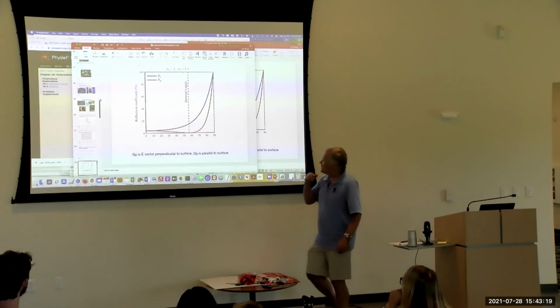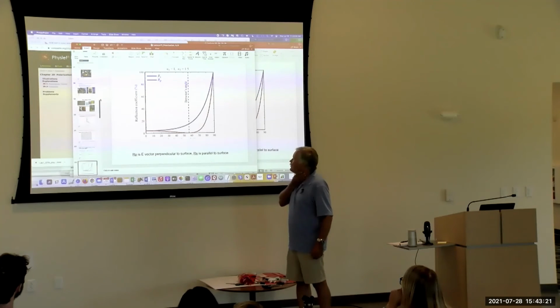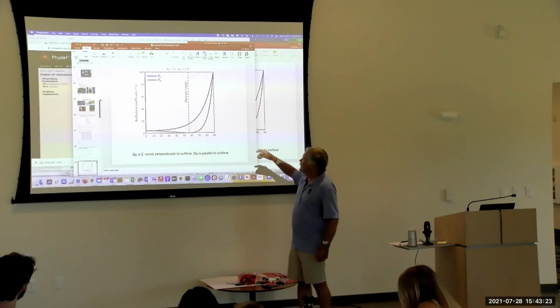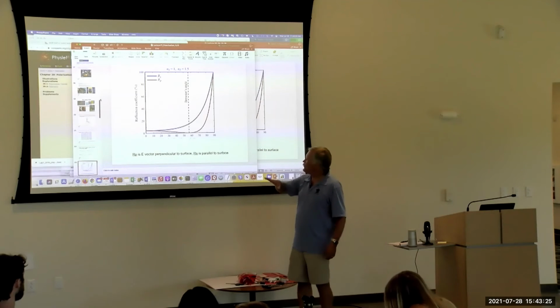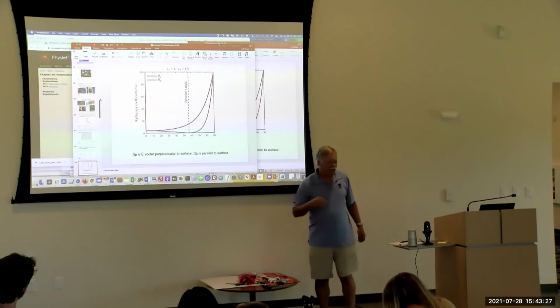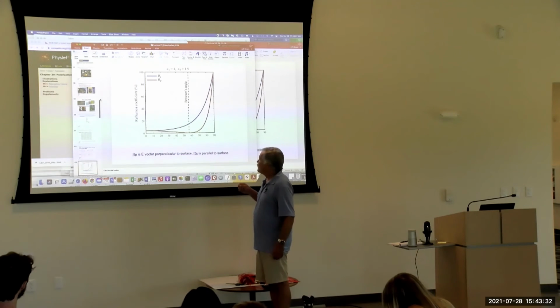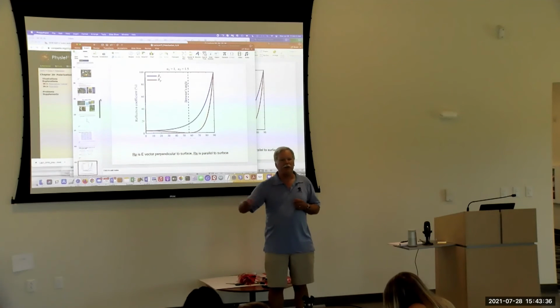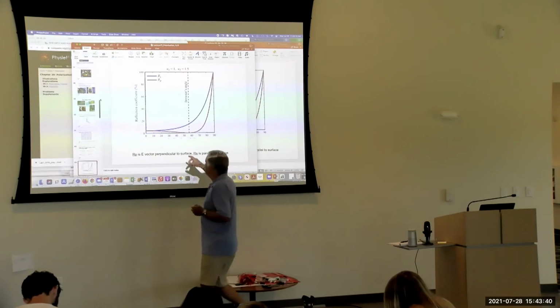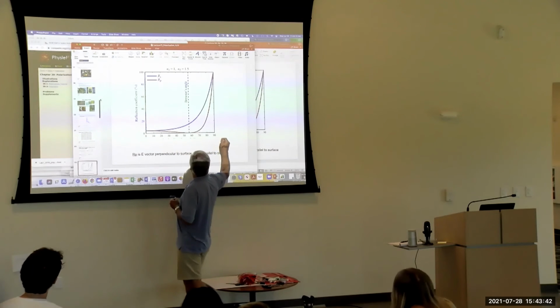Another thing I wanted to explain for a second is that if you look at reflection from a surface, the reflection varies with which polarization we're talking about. As I said before, light comes off preferentially polarized horizontal to the surface. This graph shows the reflectance as a function of incident angle.